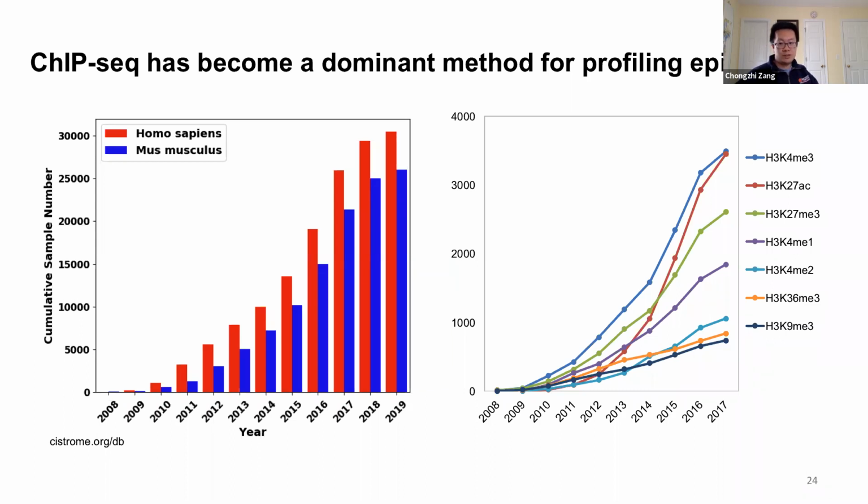And most transcription regulation events in the human or mouse genome occur in enhancer regions. So there are a lot more K27 acetylation ChIP-seq data being generated by the community.